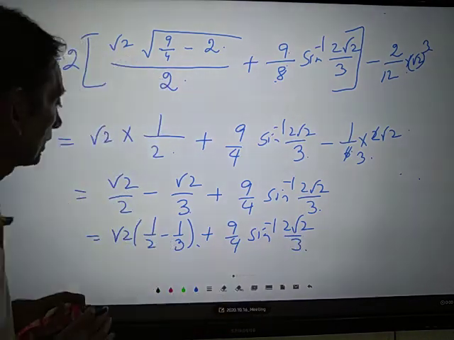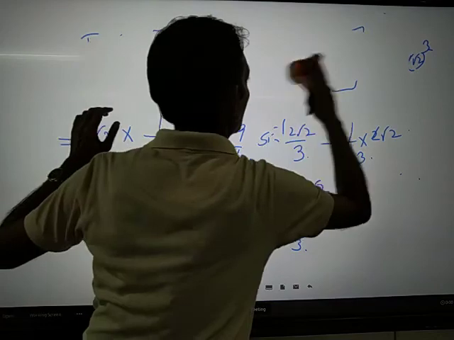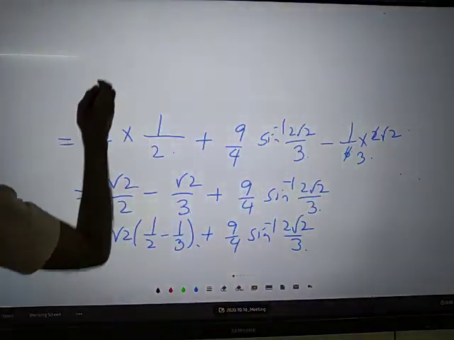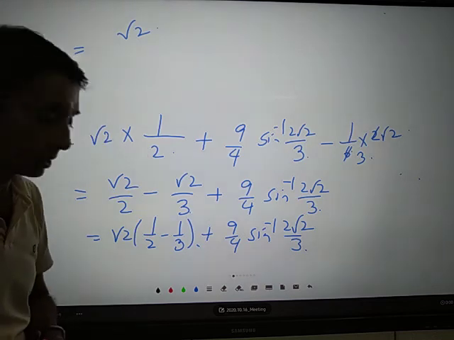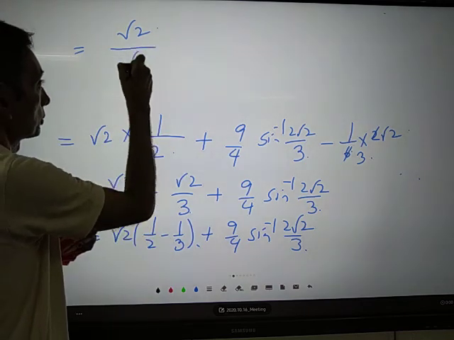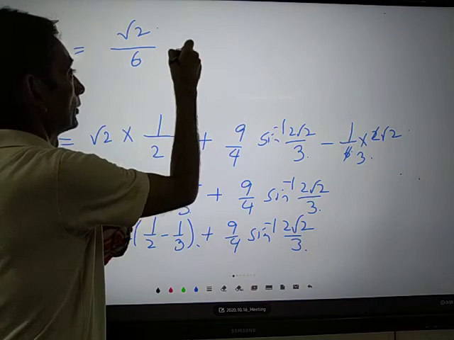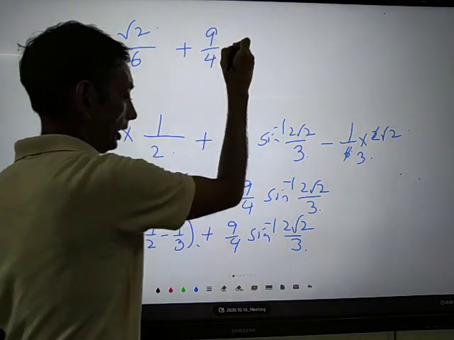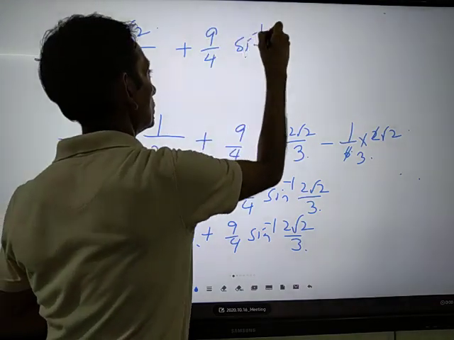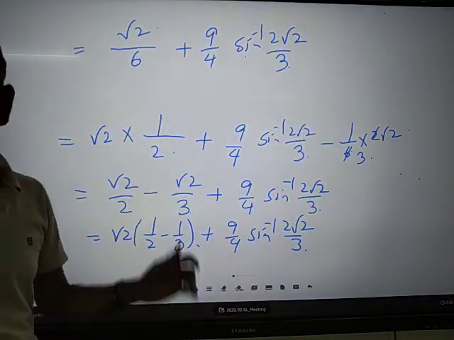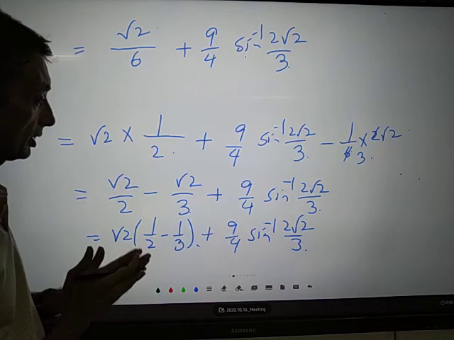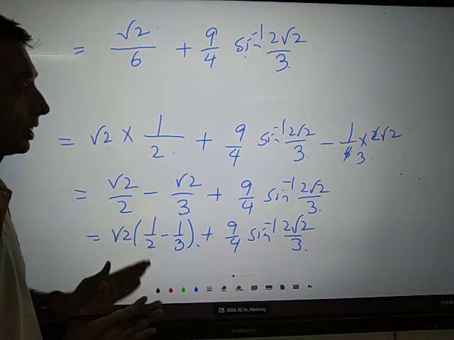Now if you subtract half minus 1 by 3, it gives us 1 by 6. So we can write root 2 by 6 plus 9 by 4 sine inverse 2 root 2 by 3. You have seen the steps, it has got some steps, but it's very, very simple.